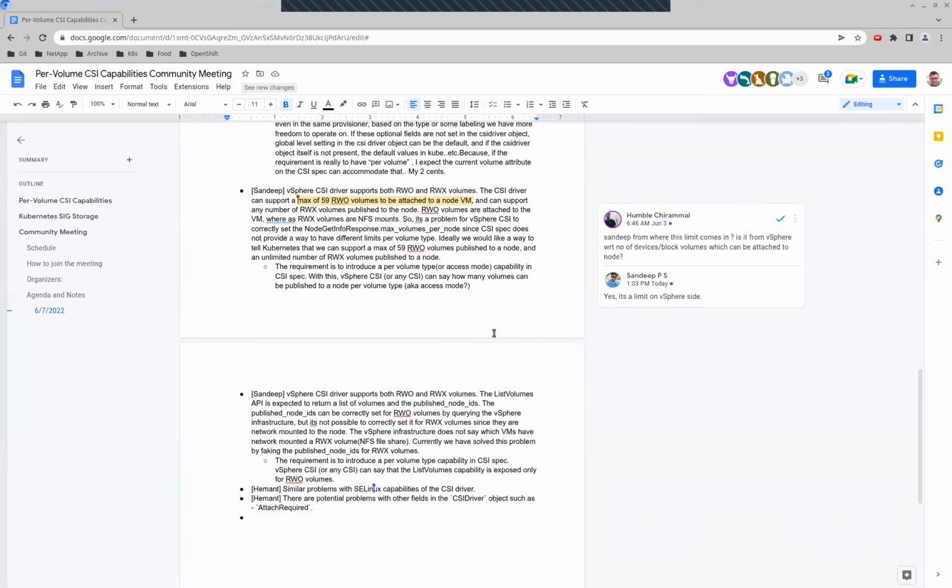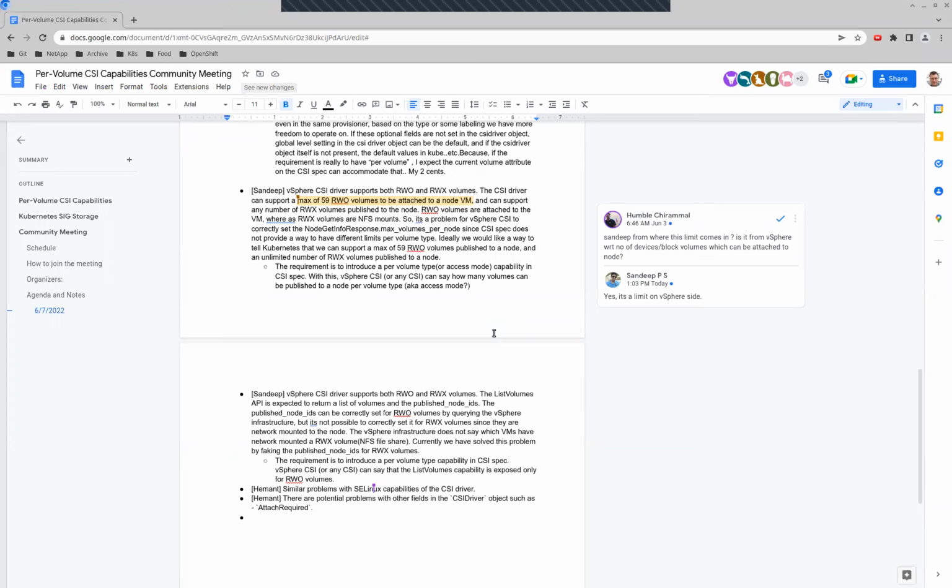He had another use case of list published volumes, I think, where the published volume IDs are not possible for read write many volumes, where it's possible for read write once. Right. Okay. The list volumes published nodes. Yeah. It can work sometimes, not other times. Yeah. That doesn't surprise me at all.